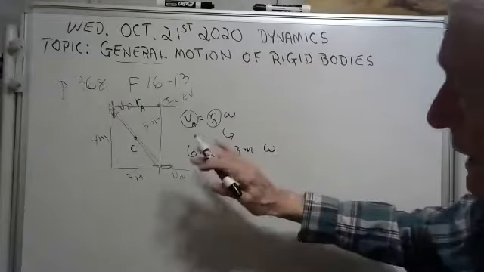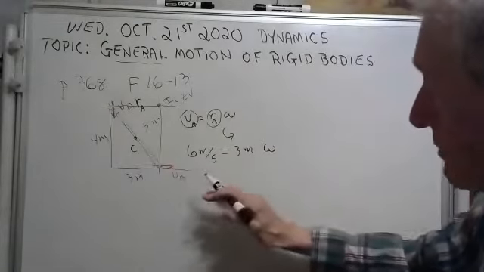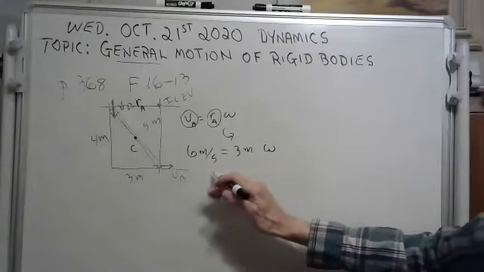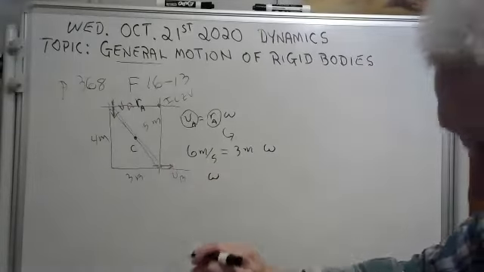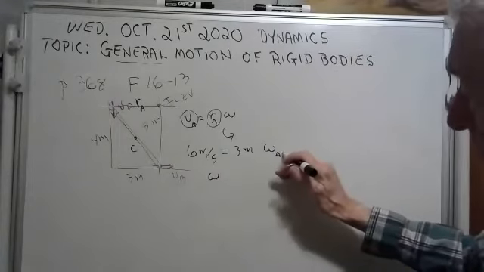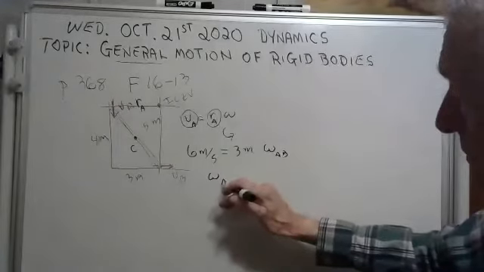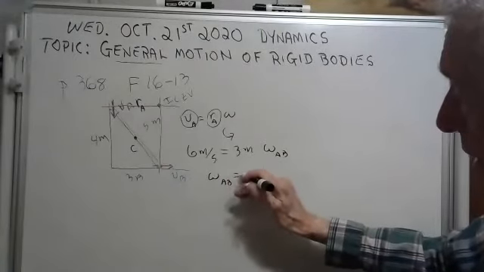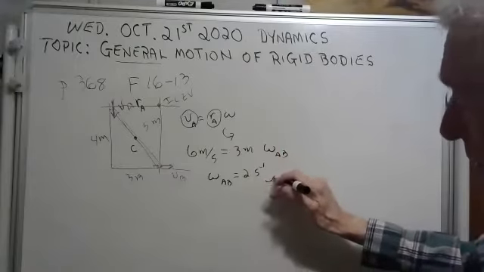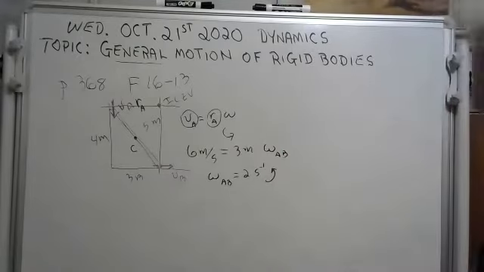So we can get the angular velocity of the rod. Well, I can do that. Time to show off a little bit. I'm getting the angular velocity of the rod. Why don't we give it a name? Omega AB. I'm getting 2 radians per second counterclockwise.